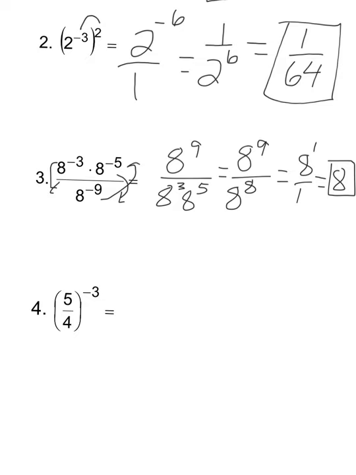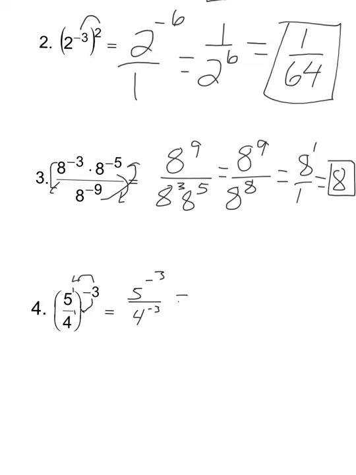Okay, now on number 4, I have a number touching parentheses, but there's multiple things inside. I have a 5 and a 4. Everything also has its own exponent. So that 5 has an exponent of 1 and a 4. I've got to distribute the negative 3 times that 1. So it'll be 5 to the negative 3 power over 4 to the negative 3 power. Now, I see negative exponents.